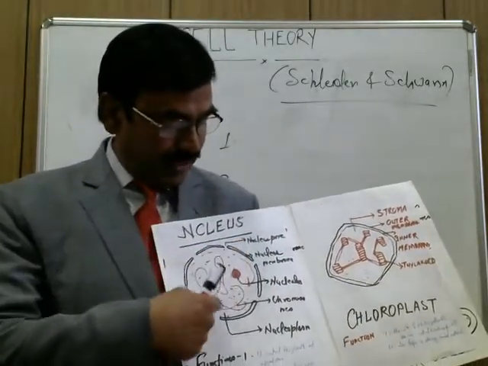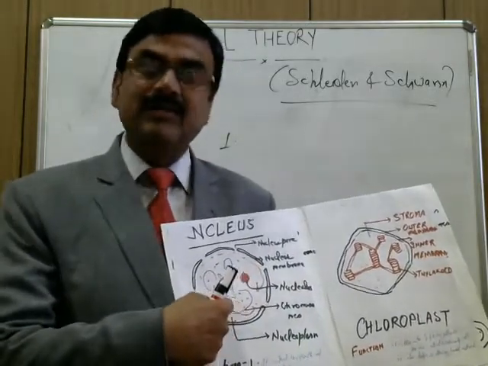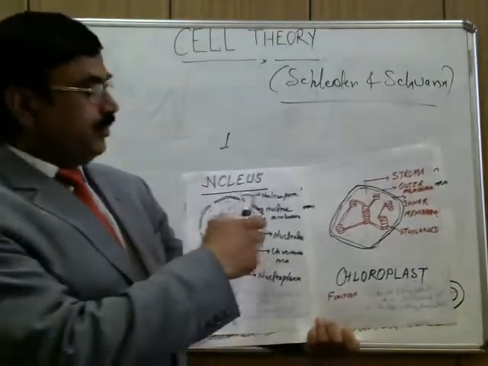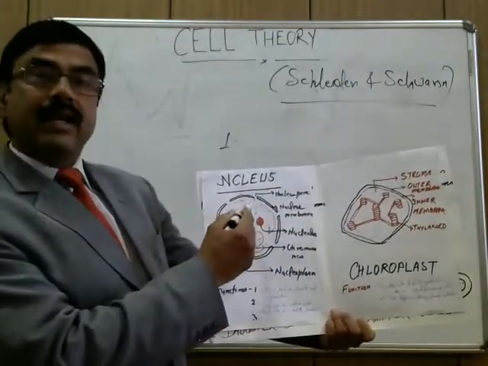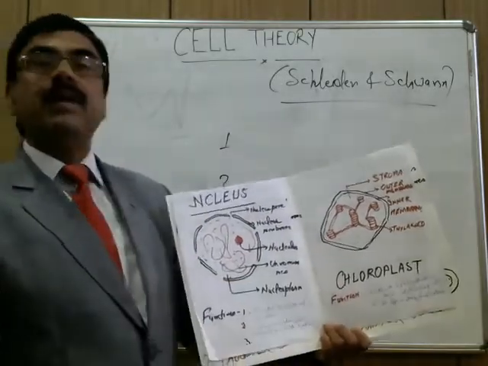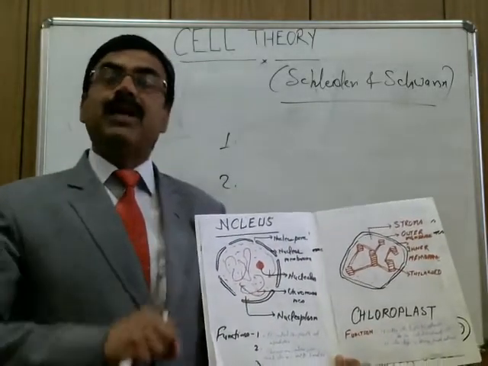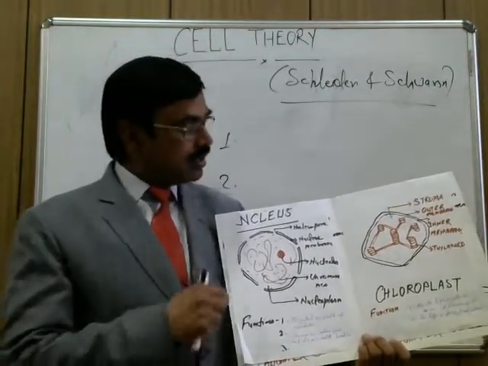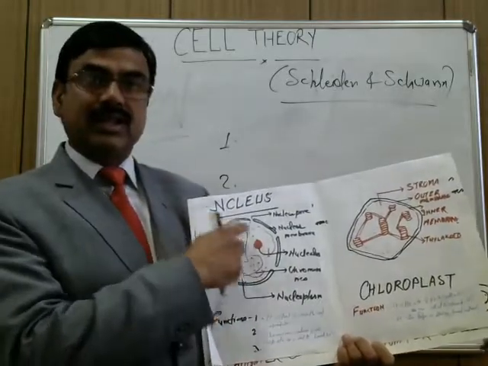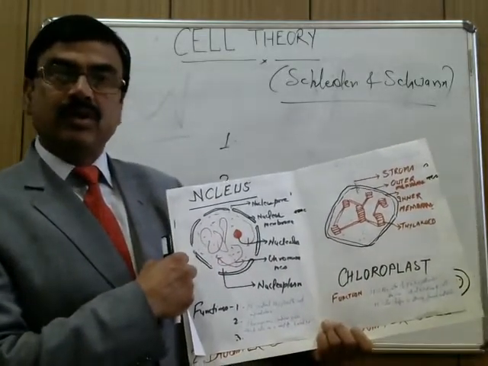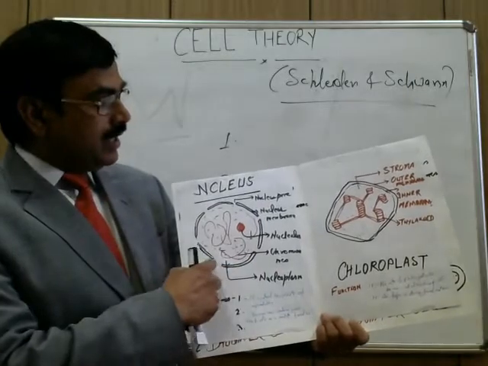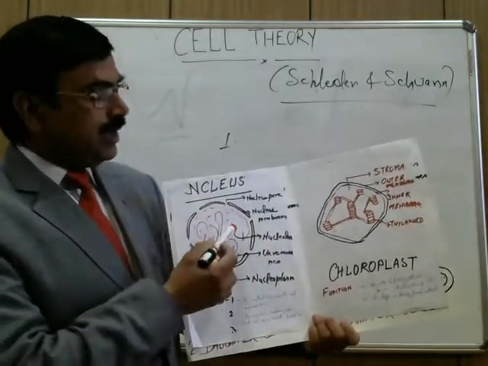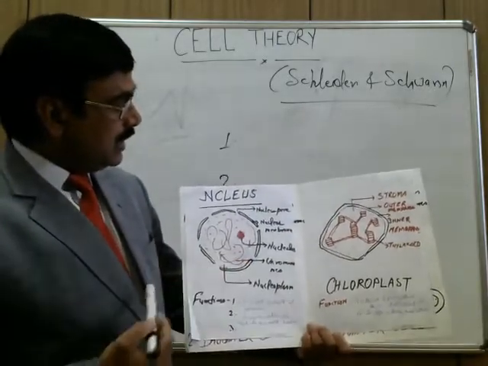Then you will see the outer covering, which is called the nuclear membrane, a semi-permeable membrane which allows only minute particles to pass through, and there are also nuclear pores in the structure, you can easily see.